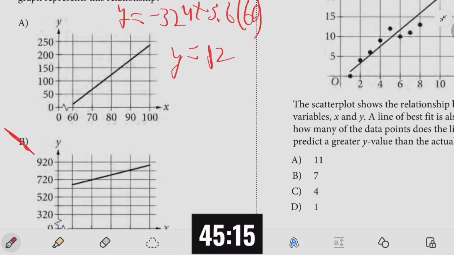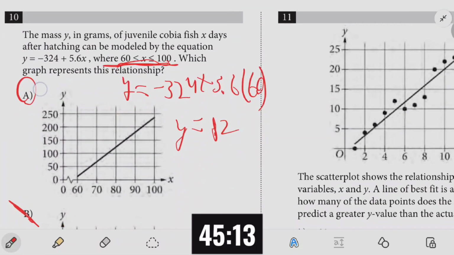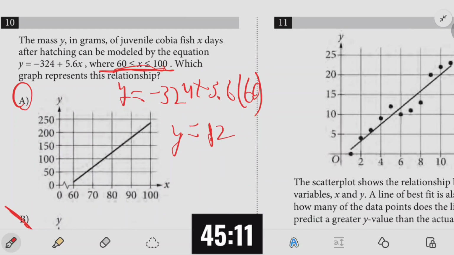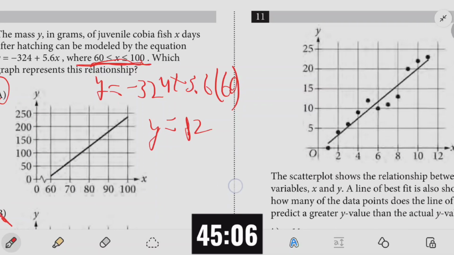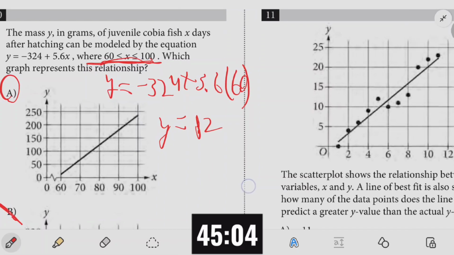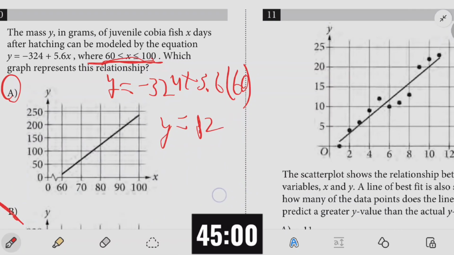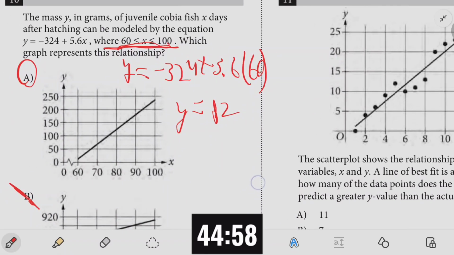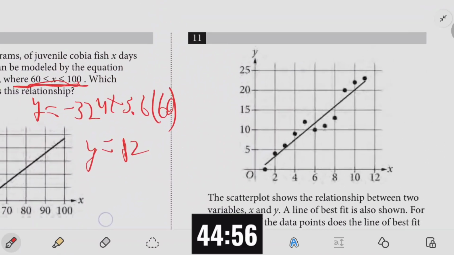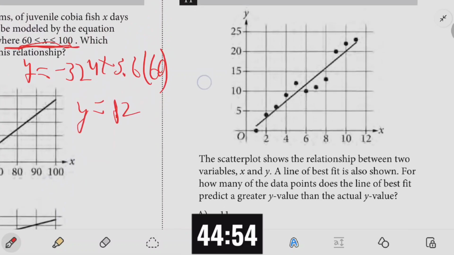Why are these so easy? Unless I'm tripping. Watch me get like 7 wrong or whatever. Which graph represents this relationship? That should be it. X days after hatching. Grams. Yeah, that makes sense. Okay, anyway, that's 10, 11.